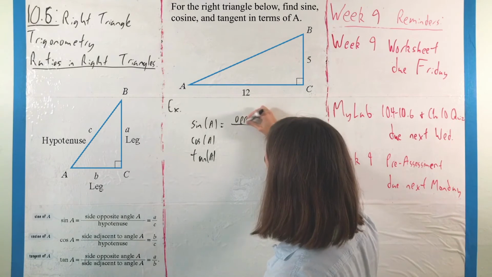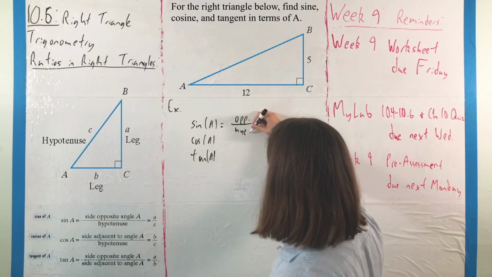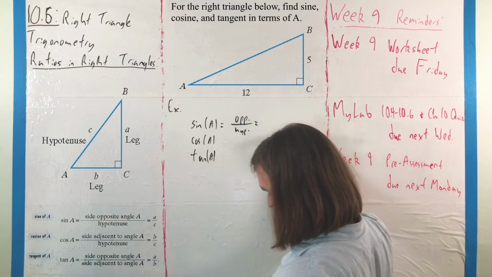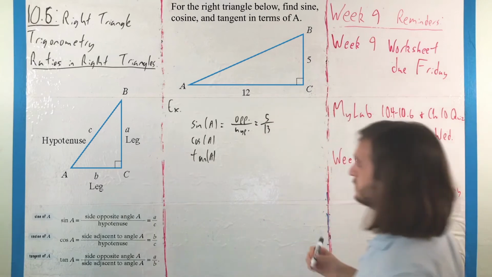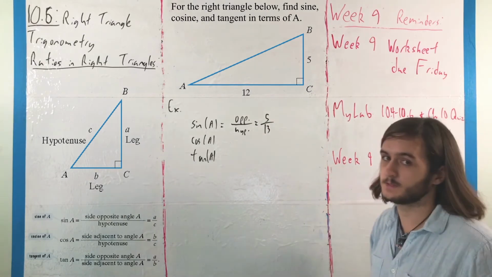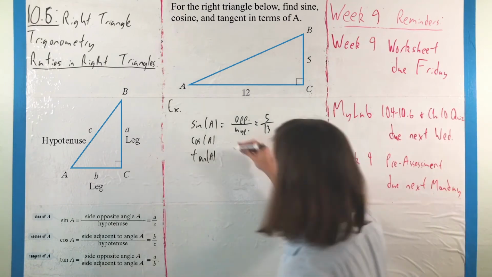So that's where you get the SOH, if you were. Here, the side opposite has length 5, and the hypotenuse has length 13. So you get 5 over 13 for sine of A, regardless of what A is. We're just taking that as a general value here.